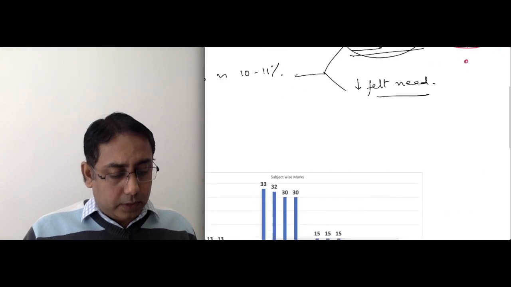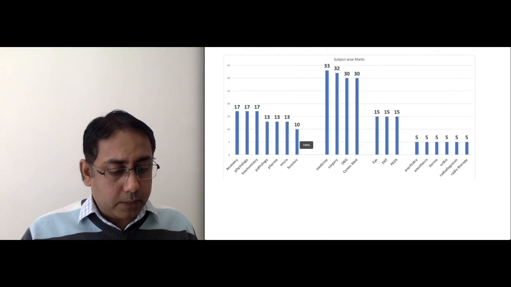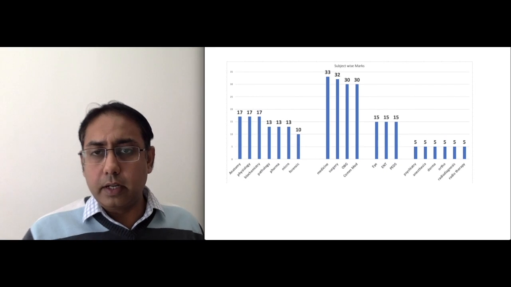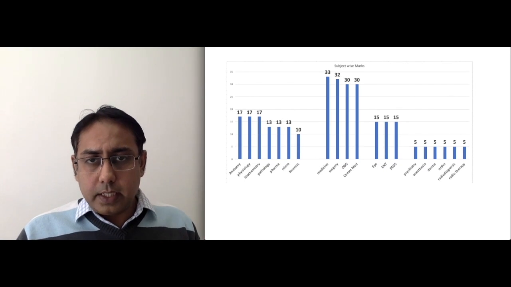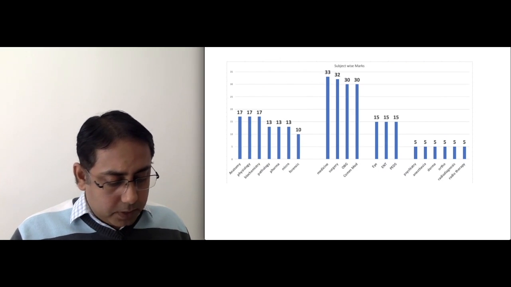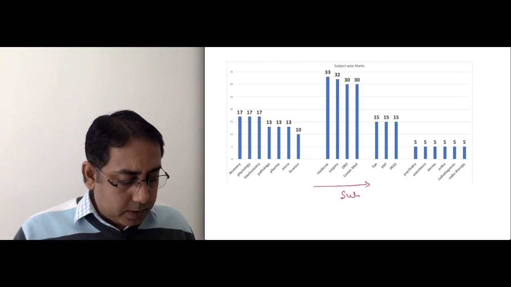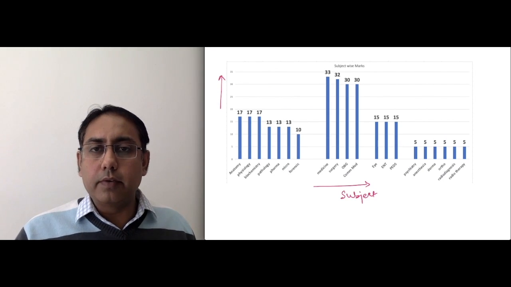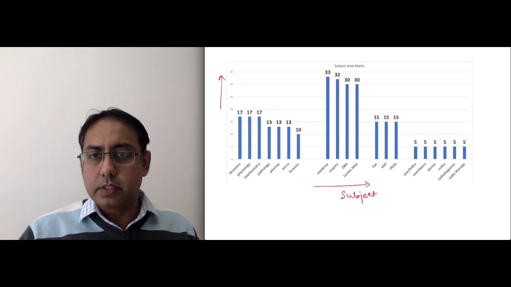So I'll show you something about the subject wise marks. As you can see on your screen right now, on this axis you have all the subjects, and on the vertical axis you have the marks, subject wise marks.